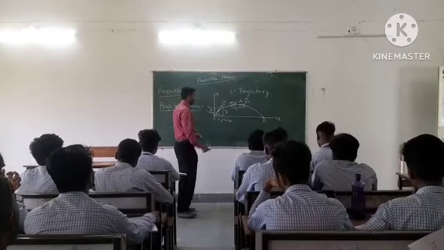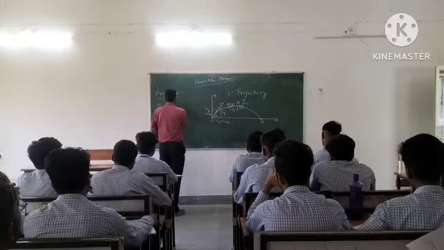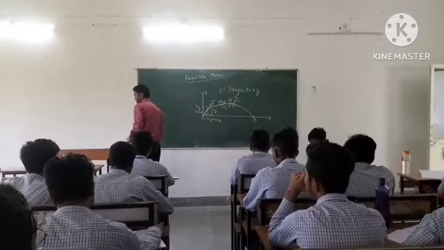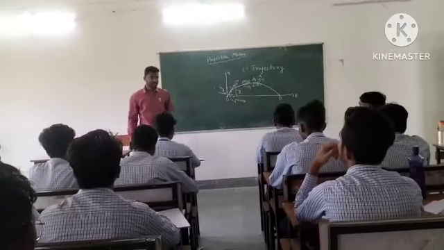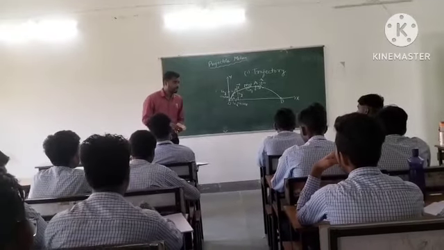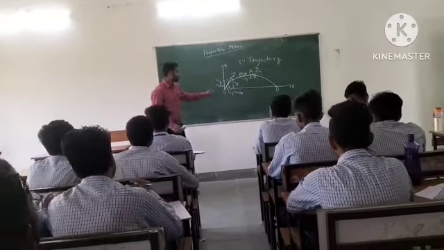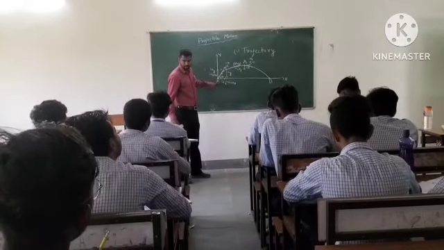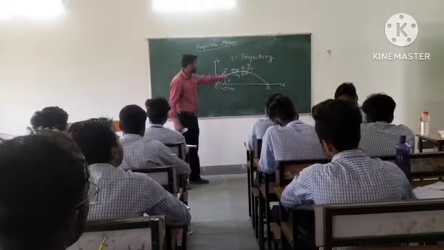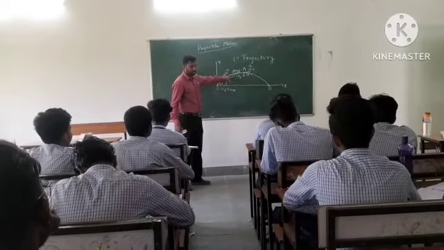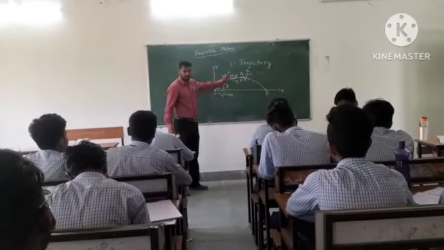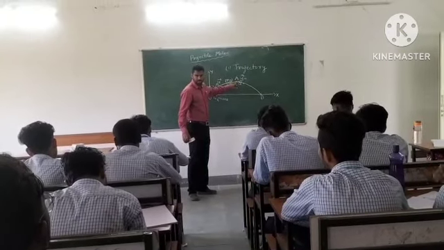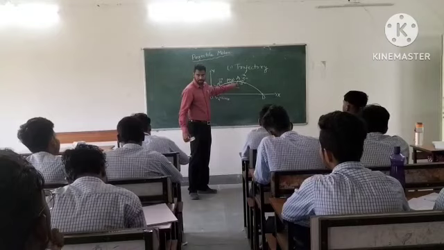Okay. We can draw a table to know the values of these parameters at these 4 important points. We have 4 important points. The point of propulsion, that is O. P is a random point in between the motion we have taken. A is the point where maximum height is achieved.